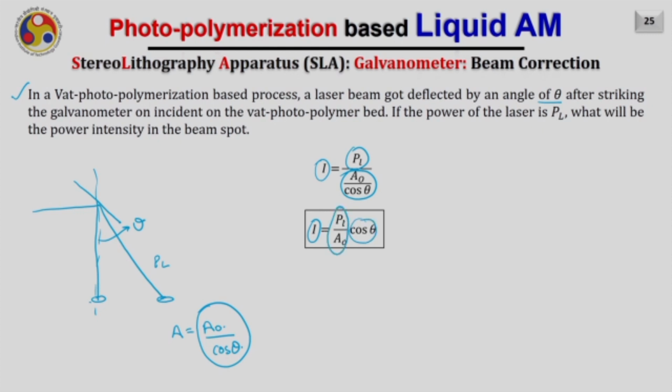What is PL by A naught? It is the intensity of the laser at this location when the laser beam strikes vertically. So I can write I equals I naught cos theta. So the intensity has reduced by cos theta. As cos theta is always less than 1, this quantity will always be less than I naught.